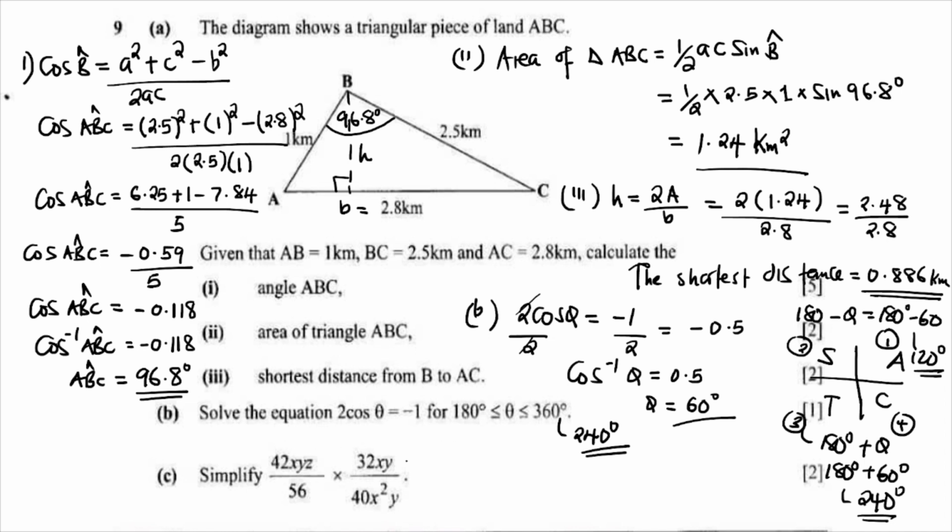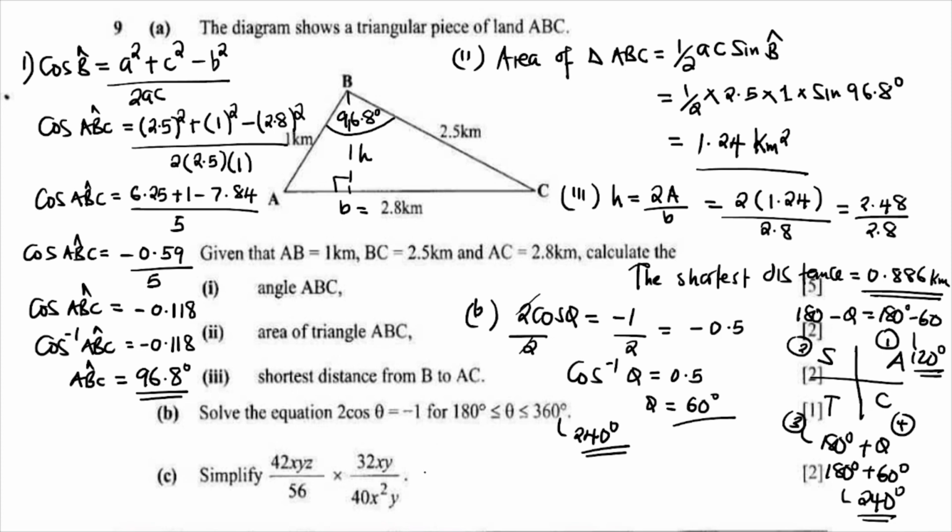We are told to simplify 42xyz over 56 multiplied by 32xy over 40x squared y. Now, how do we simplify this one?